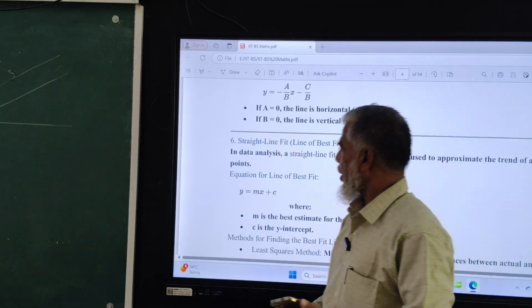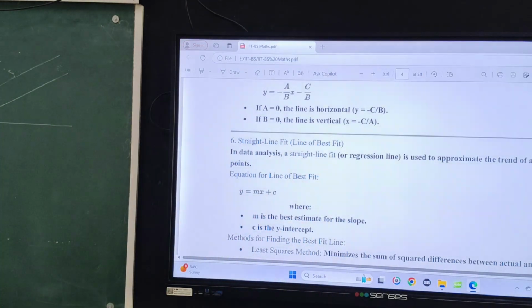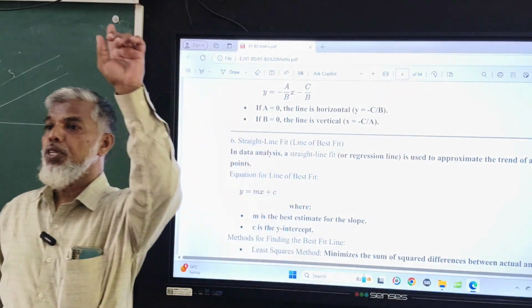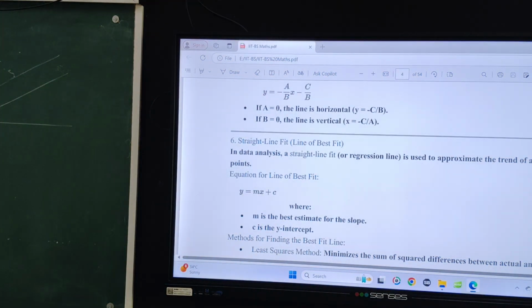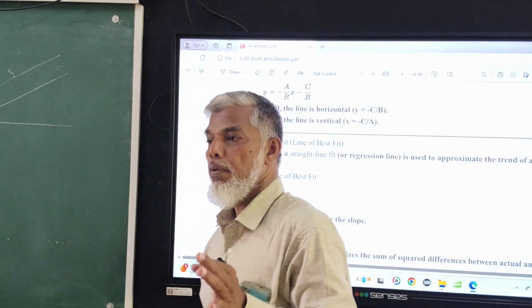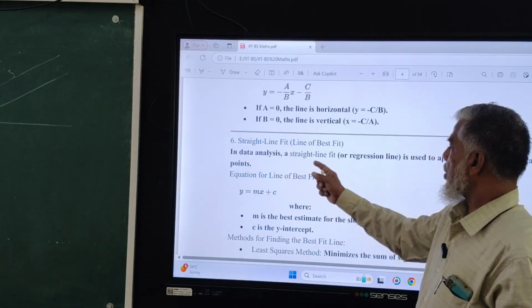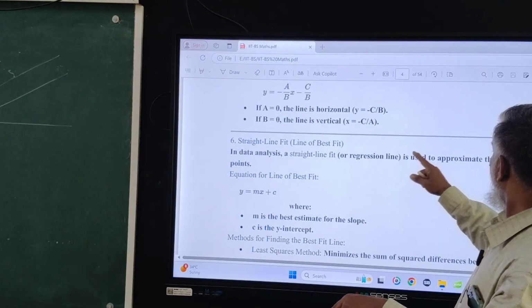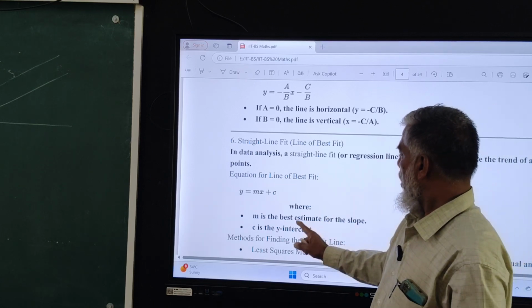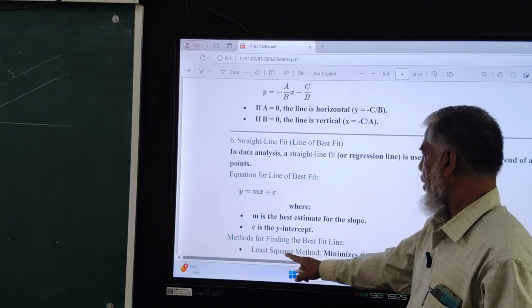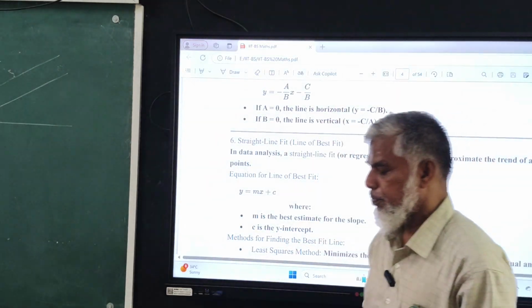Next is straight line fit. The straight line fitting you studied in the last chapter of plus 2 using the least square principle. In data analysis, straight line fit is nothing but the regression line, used to approximate a set of values. Finding the best fit line, least square method.